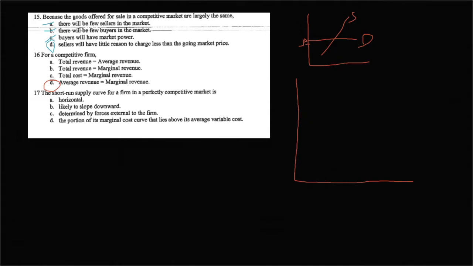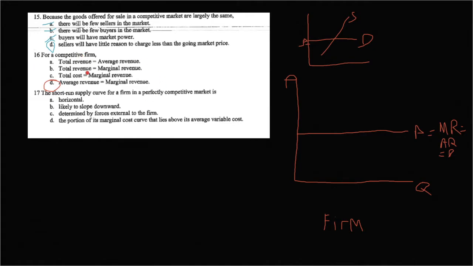Let's look at a graph for a perfectly competitive market. So this is going to be a firm. We have our quantity Q, and price. P is MR, which is average revenue, which is equal to demand.